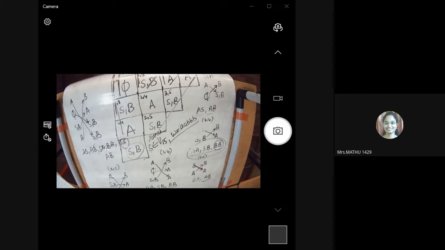If you are able to draw more than one derivation tree, or if you can have more than one leftmost derivation, or more than one rightmost derivation, then the grammar is ambiguous. So please be thorough with those definitions.